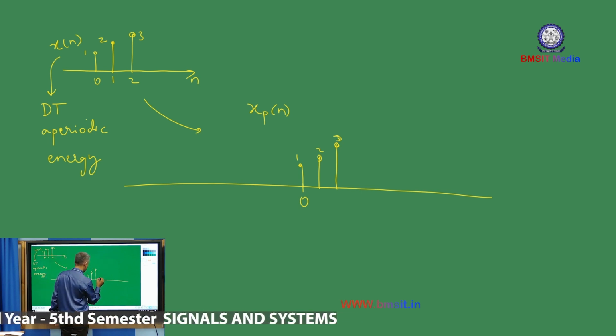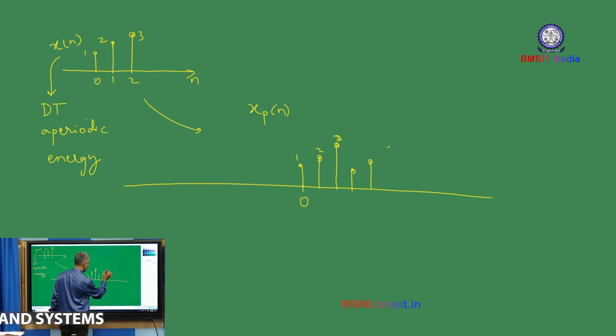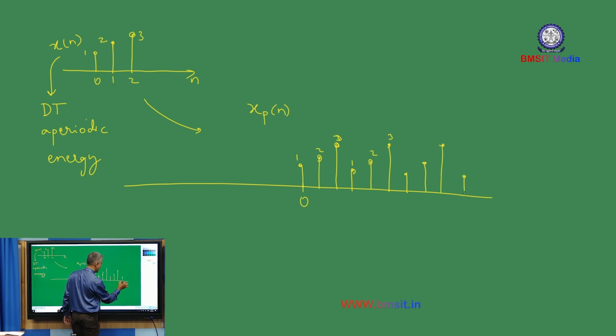Then this further is 1, 2, and 3. This is x of n minus N. Similarly, this is x of n minus 2N. Then x of n minus 3N, and so on and so forth. This continues till plus infinity.